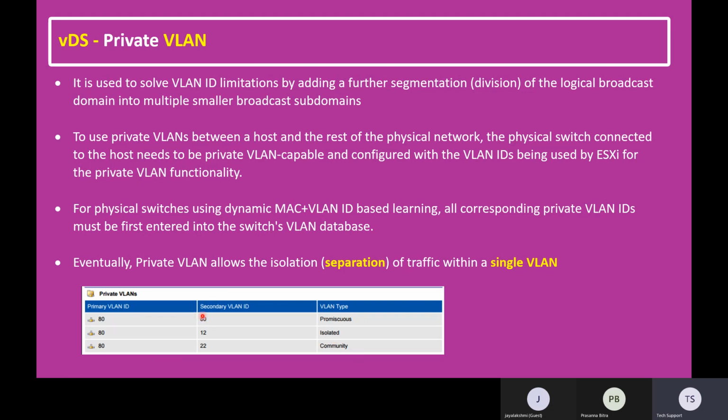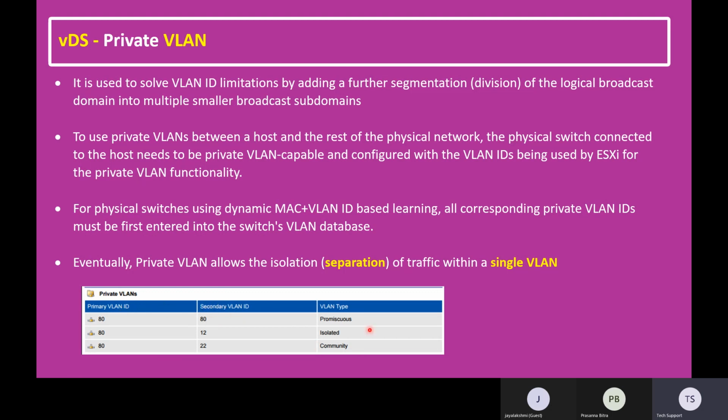Promiscuous is always equivalent to the primary VLAN ID. To achieve isolation, they divided it into two types, because our objective is to be separated from the VLAN network, but we still require communication. That is the reason they subdivided into two VLAN IDs, primary and secondary.